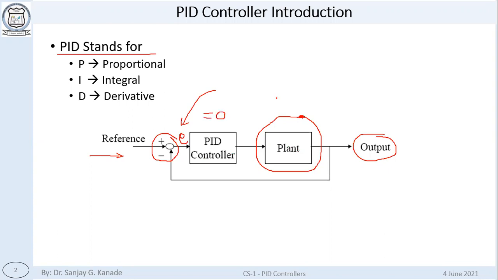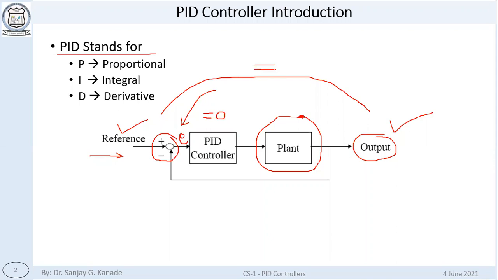This is what is actually expected. We want the output to be equal to the input, right? Both of these should be equal. We may not get it all the time. There may be certain deviations; what those deviations could be and how to overcome them are the things we have to study.